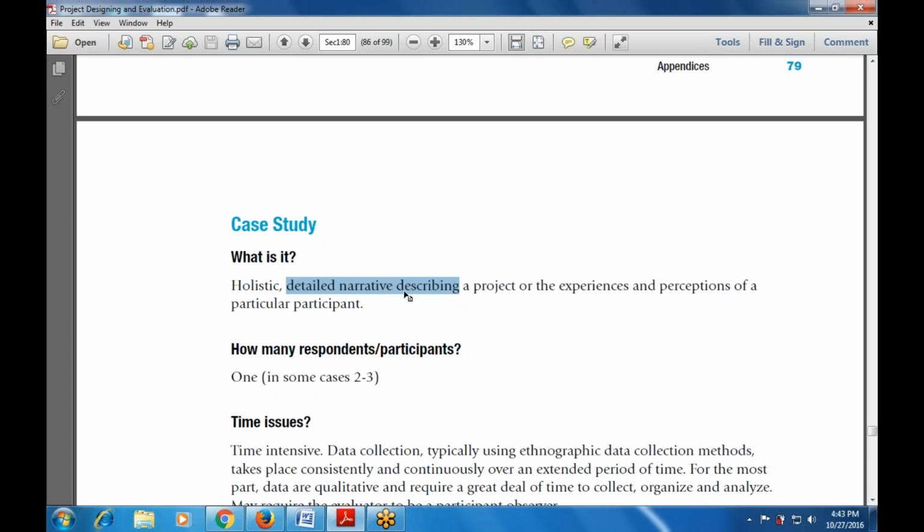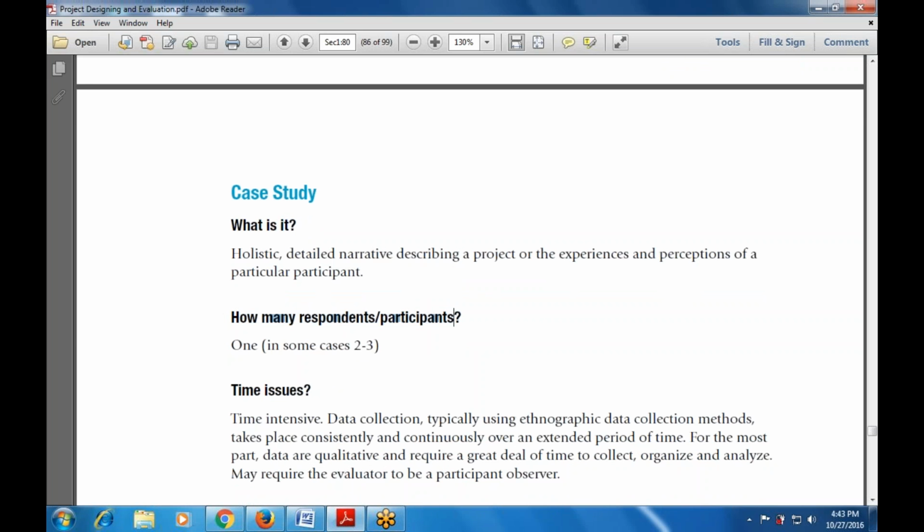Whatever the participant, the experience, or the perception that is taken out, it gives a detailed narrative describing the project. So a case study is a holistic, detailed narrative describing a project or the experiences and perceptions of a particular participant.